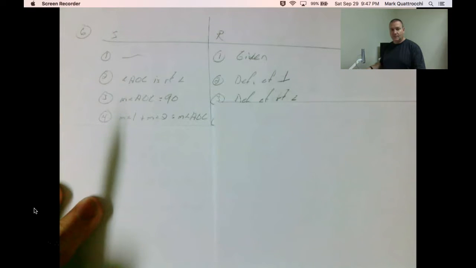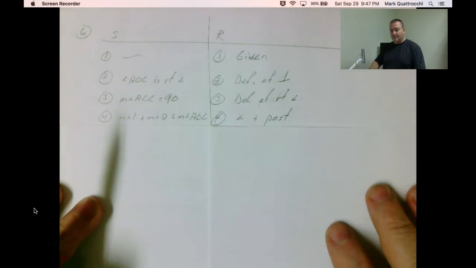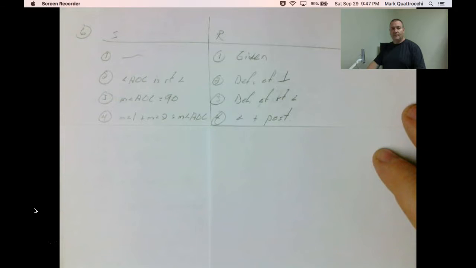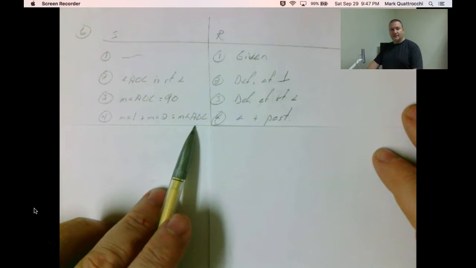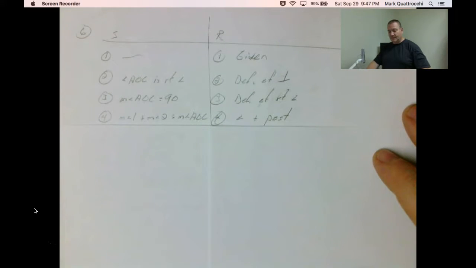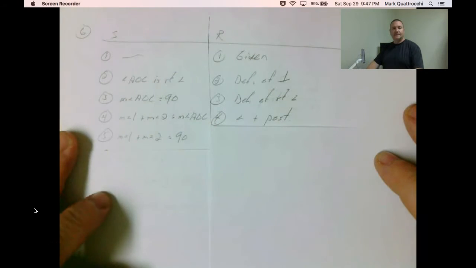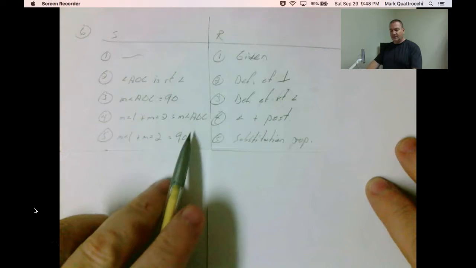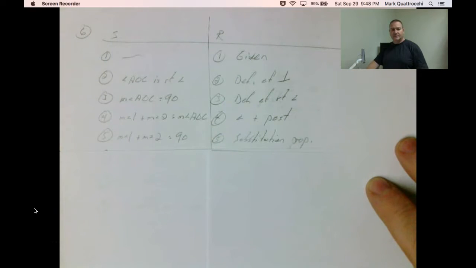Well, I know the angle addition postulate: two angles adding up to be a bigger angle. What do I know about the measure of angle AOC? I know it's 90 degrees. So the measure of angle 1 plus the measure of angle 2 equals 90. How did I know that? Substitution property. I replaced angle AOC with 90 degrees.